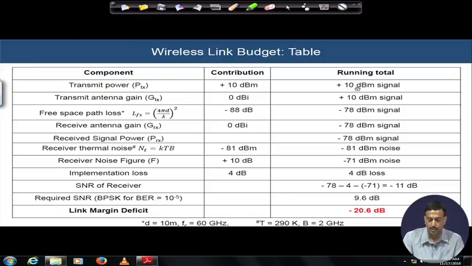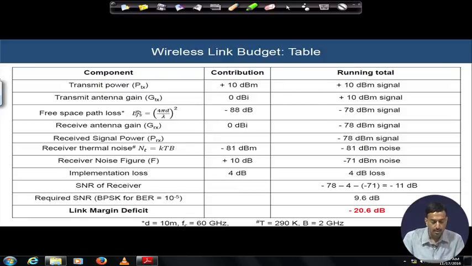So we transmit with a power of 10 dBm. The antenna gain is 0. So at the output of the transmitter, the signal power is 10 dBm.